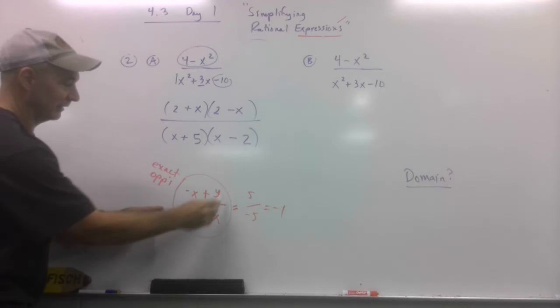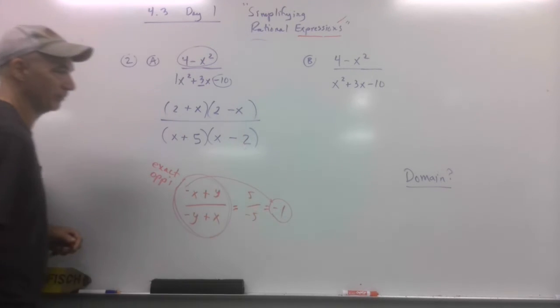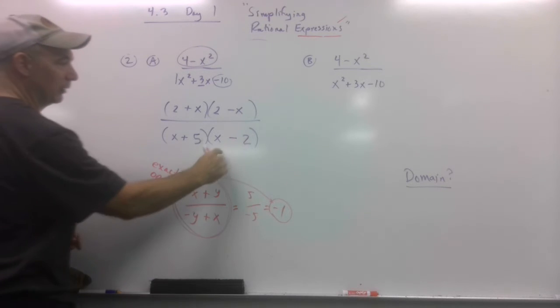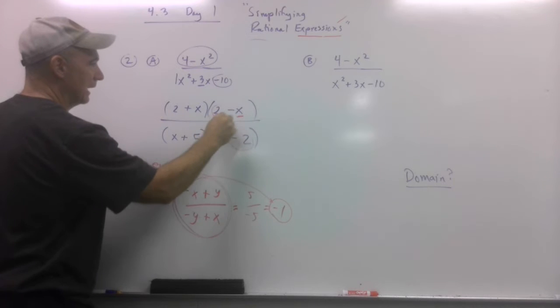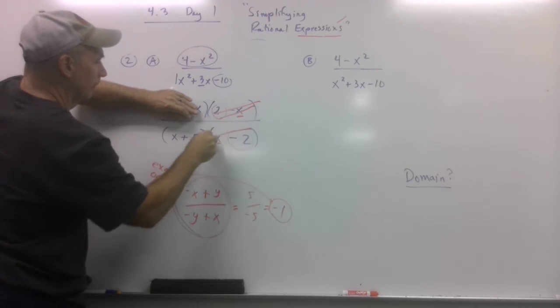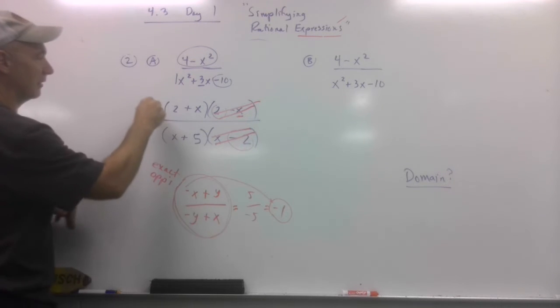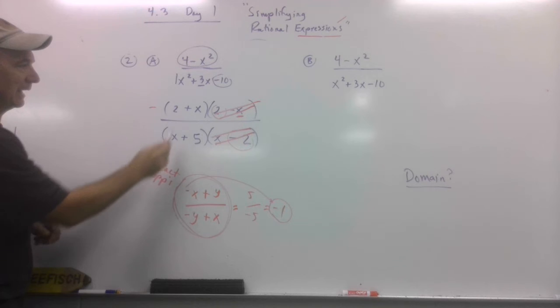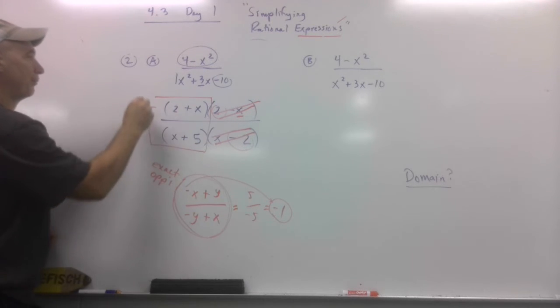So if you notice, exact opposites are just going to equal -1. So I go, wait, here's a positive X, negative X, +2, -2. I'm not worried about these. These cancel, and they make a -1. Where do you put the -1? Typically in the top. And I can see that these are not the same. So this would be my answer.